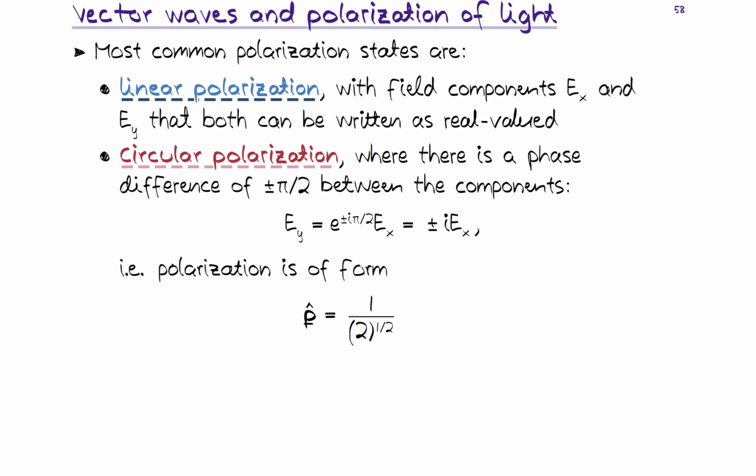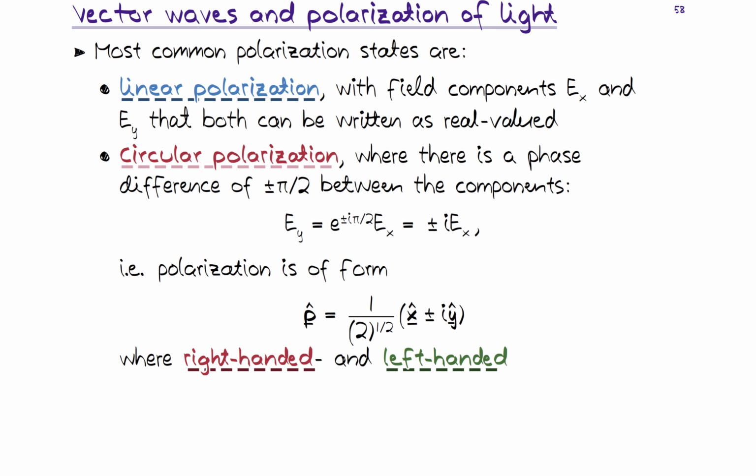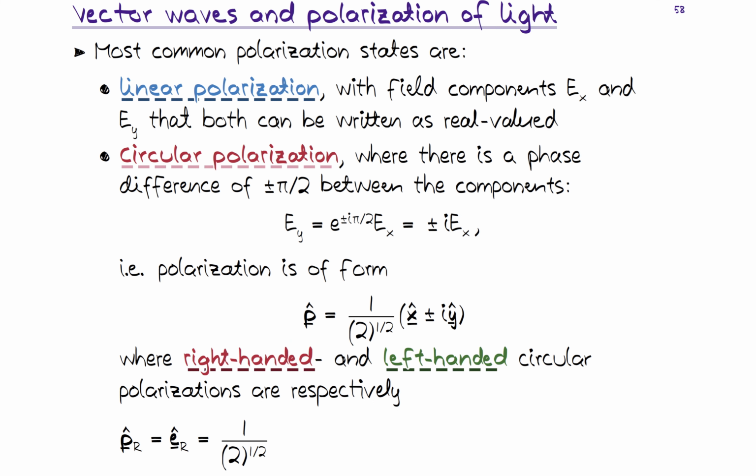Now the interesting thing about why it's called circular polarization is that, depending on whether I have right-handed or so-called left-handed circular polarization, the polarization vector rotates differently in that plane perpendicular to the direction of propagation. So we can have right-handed circular polarization, p hat R, and mathematically that's 1 over square root of 2, and inside the parentheses x hat minus i y hat.